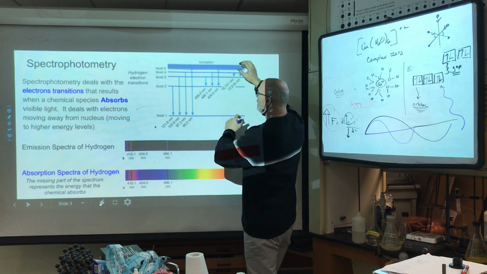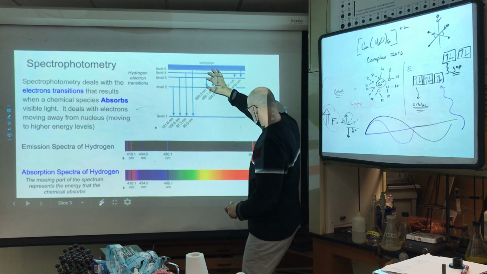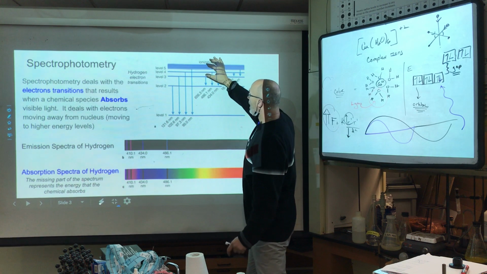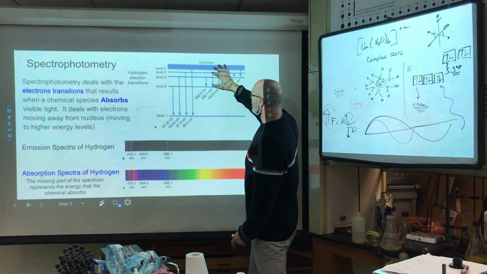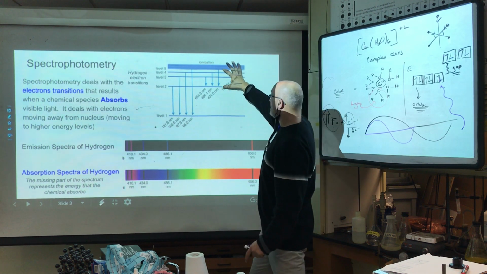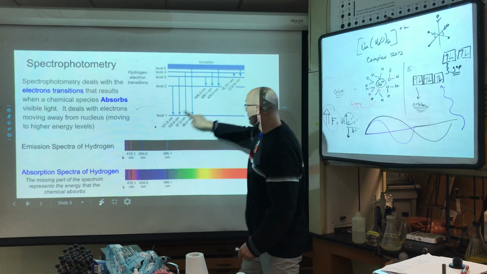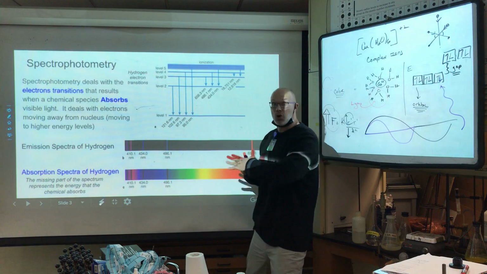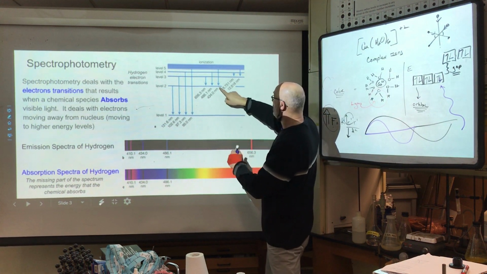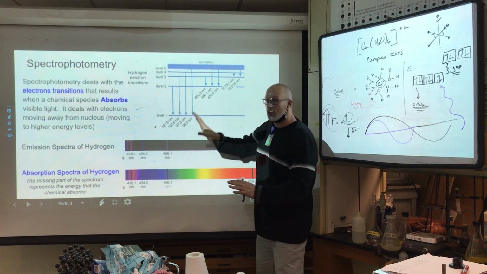In fact, the 3 to the 2 is the lower energy red. Okay? And the 4 to 2, a bigger jump, gives us a higher energy. Okay? This leap is that color. Now, if we shine white light, which is all the wavelengths, it uses that energy to jump, to go back from 3 to 2. We'll talk about that.